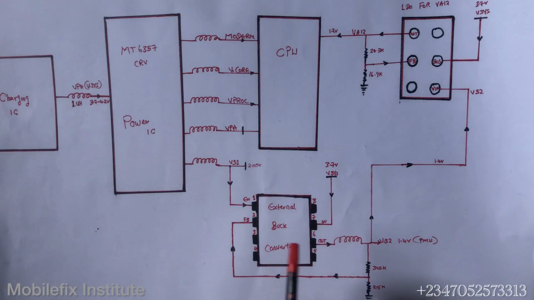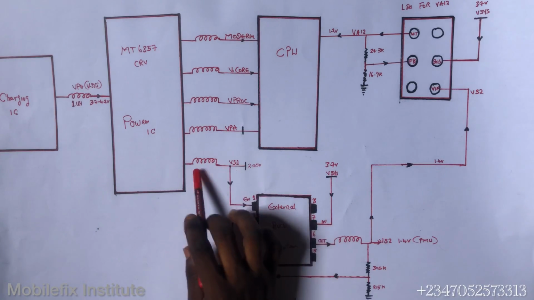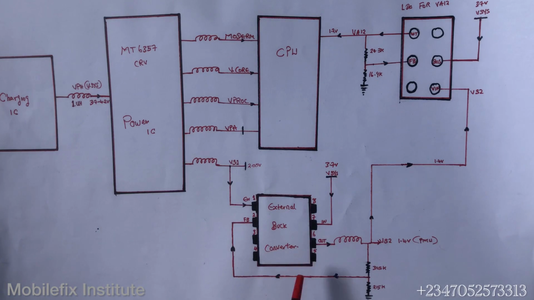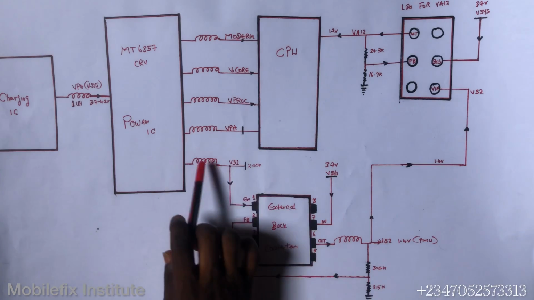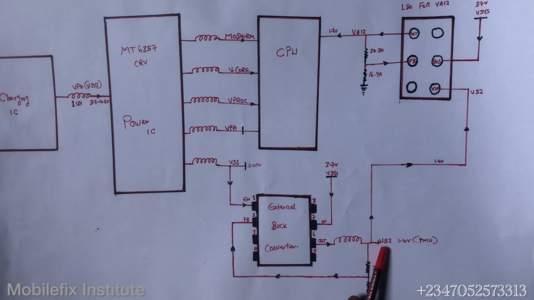Now there's what we call VS1 and VS2. This coil generates the VS1 line, and then this external buck converter will generate VS2. Okay, so this is our higher LDOs. Then this one will create our lower LDOs.